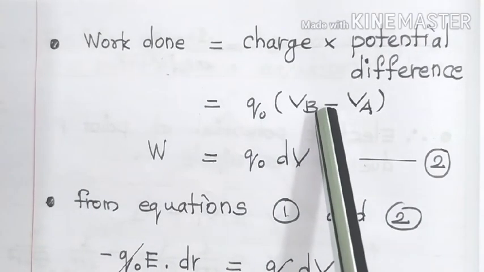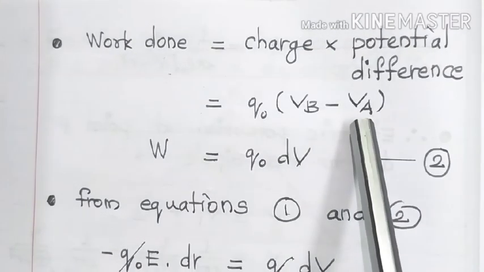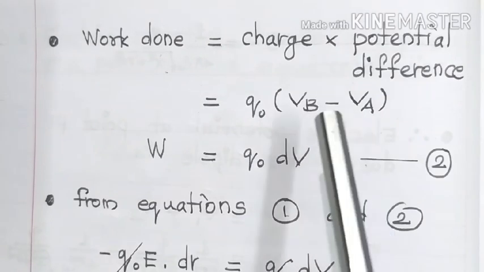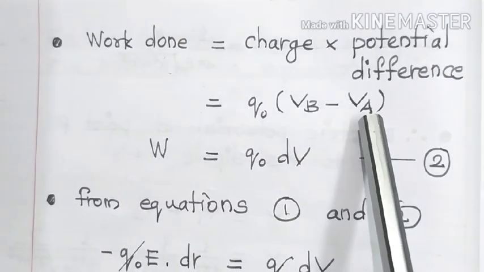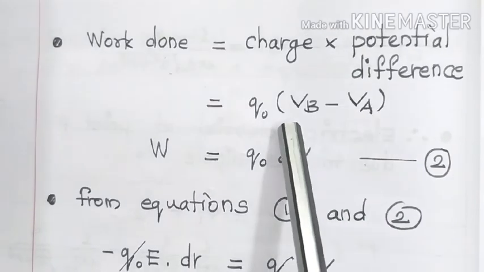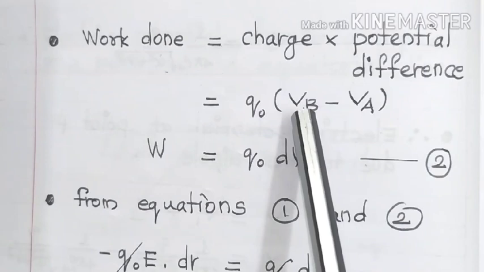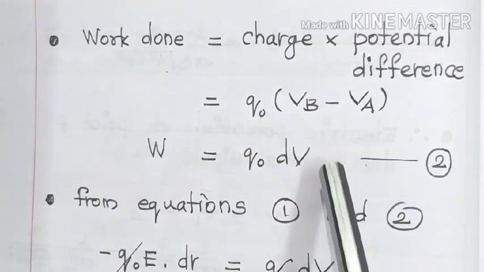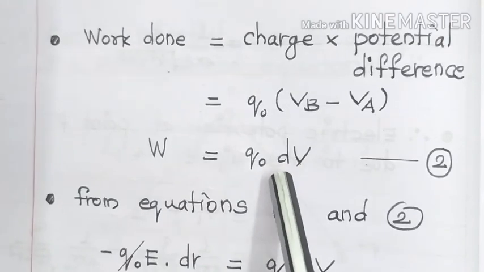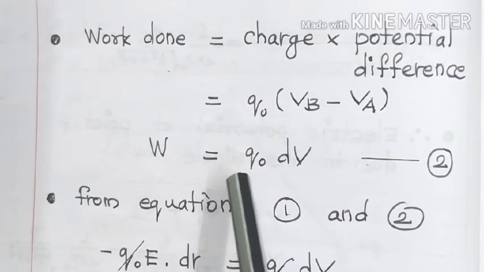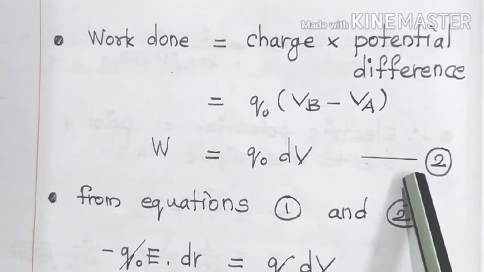It is the difference between the initial potential and the final potential, calculated by subtracting the initial potential VA from the final potential VB. So the potential difference is VB minus VA, and this difference is written as dV. So W is equal to Q naught dV. Let us take this as equation 2.